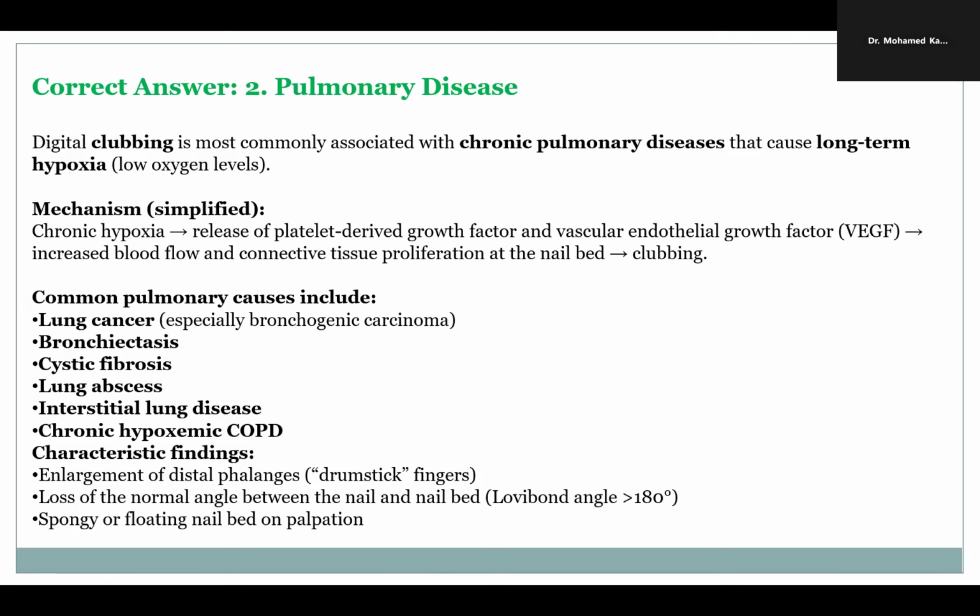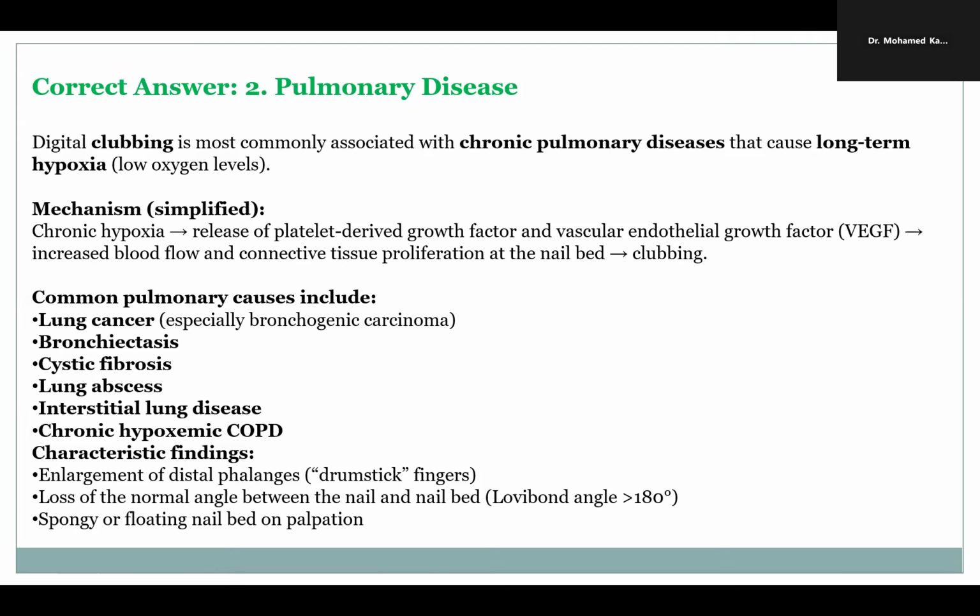What are the common pulmonary causes for this finding? Cases of lung cancer, especially bronchogenic carcinoma, bronchiectasis, cystic fibrosis, lung abscess, interstitial lung disease, chronic hypoxemic COPD.